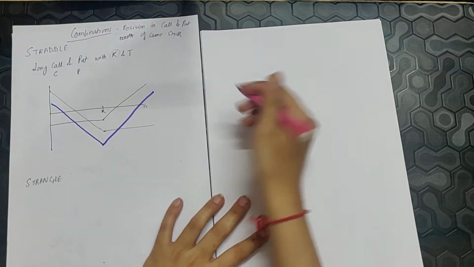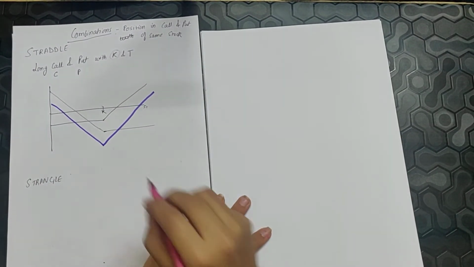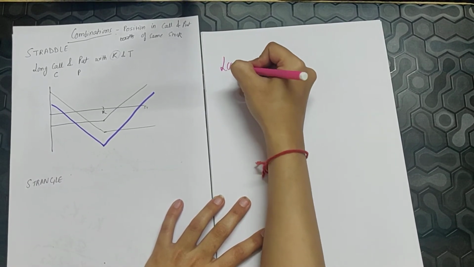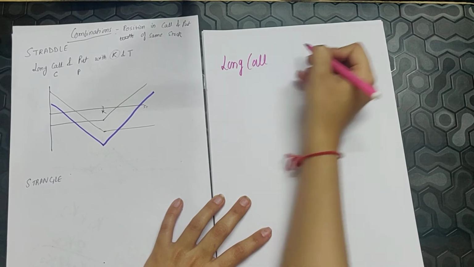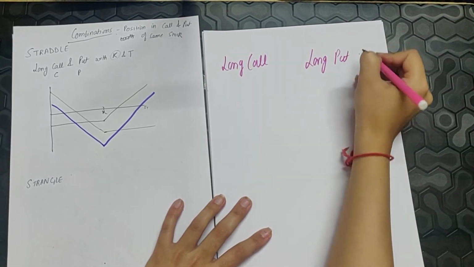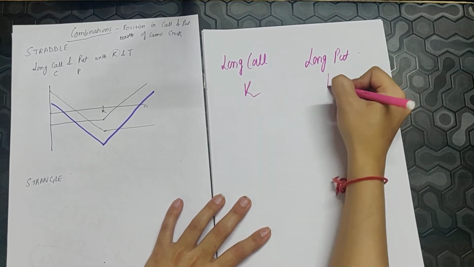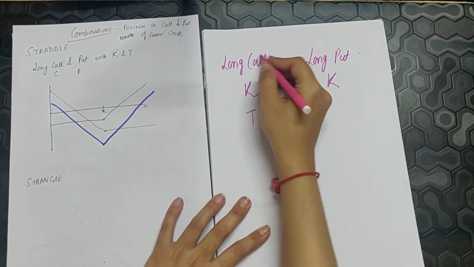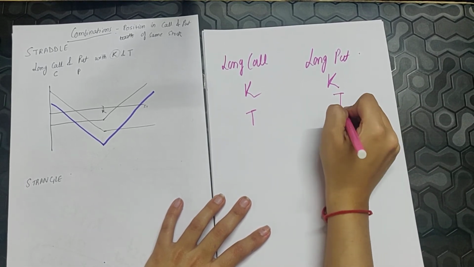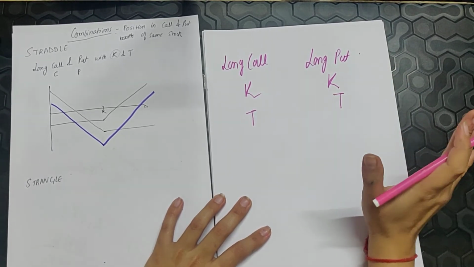If you know straddle, you can easily figure out what strangle is. So the straddle strategy says that you need to long a call and you need to long a put as well, at the same strike price, for the same underlying asset, for the same time to maturity. So everything else is same.